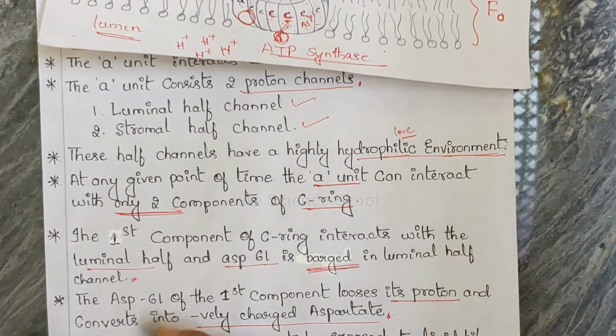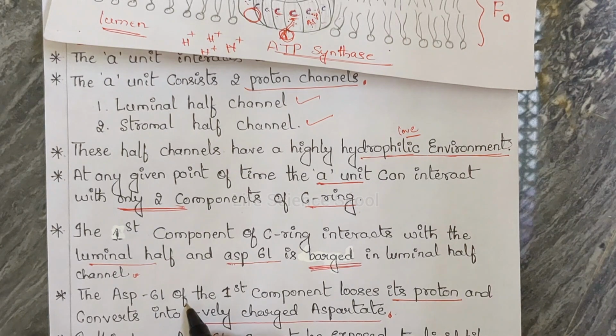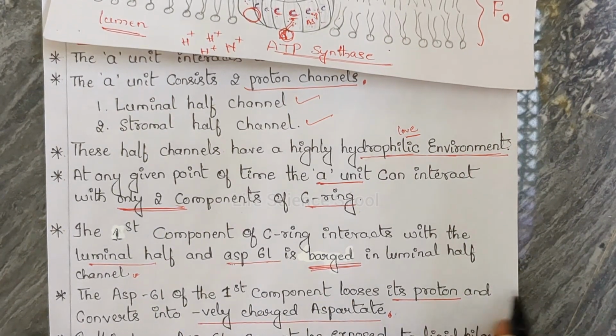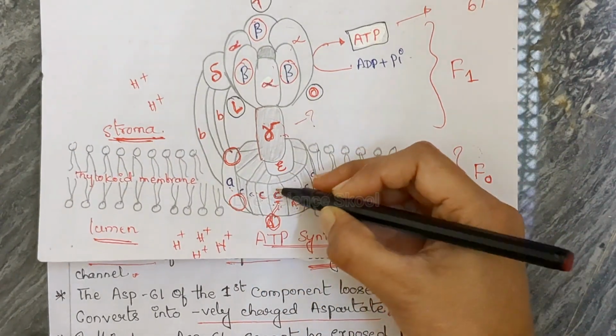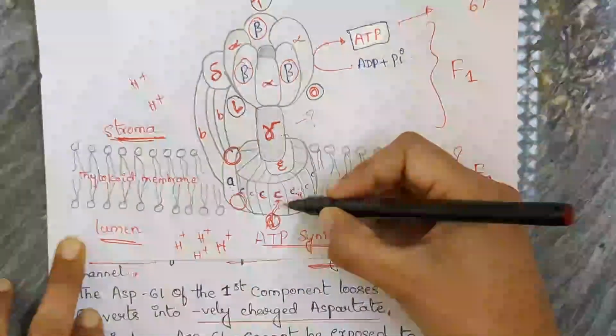And moving on to the next point, the aspartic acid at the 61 position of the first component loses its proton and converts into negatively charged aspartate. As explained, neutral changes to negative because it is going to use the proton.